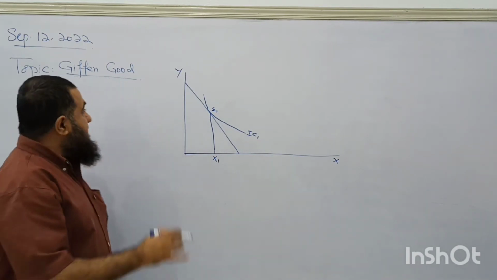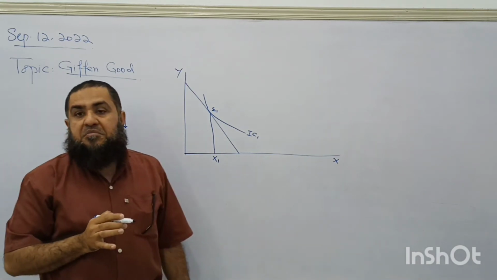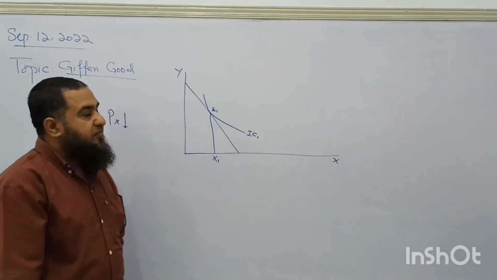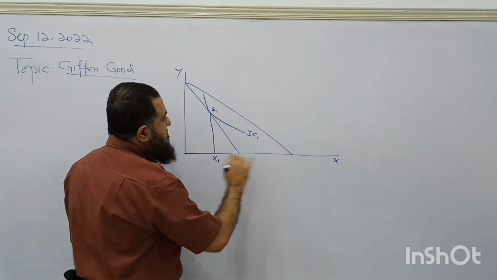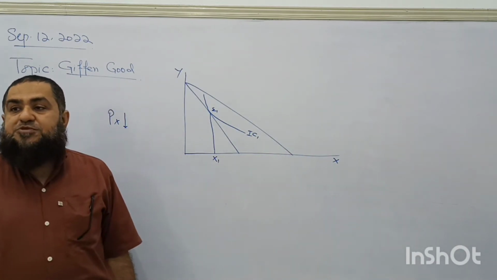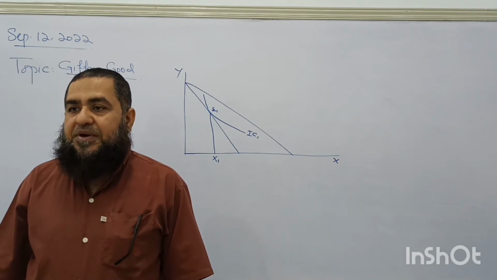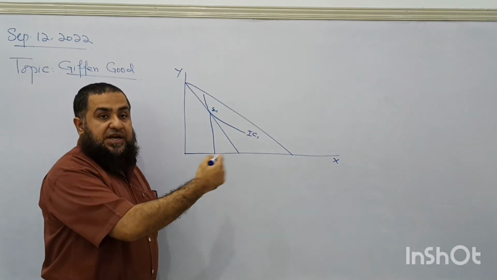Clear? So when the price of X falls, what happens? The budget line will have a pivotal shift towards the right, because the price of X has decreased.